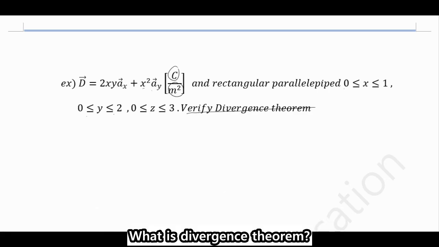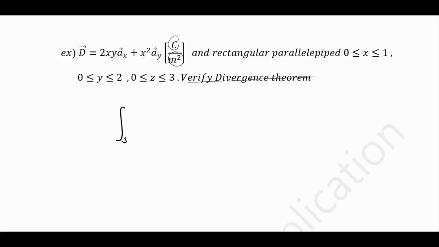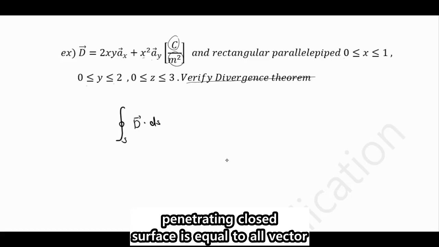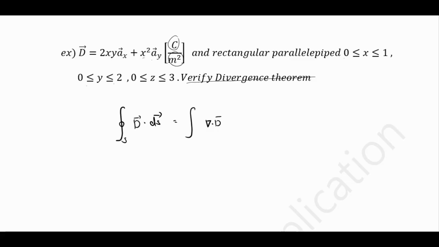What is divergence theorem? Divergence theorem is all vector flux penetrating the closed surface is equal to all vector flux going out from inside the volume to outside the volume.